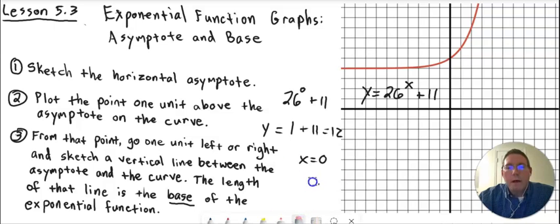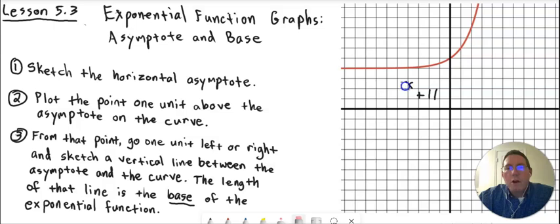So for now, I just want to give you an idea of what an exponential function looks like. We're going to write them in lesson 5.4. In this lesson, we're actually not going to write the function. All I want to teach you how to do in this particular lesson is to show you how to identify what's called the asymptote of the function and the base of the function.